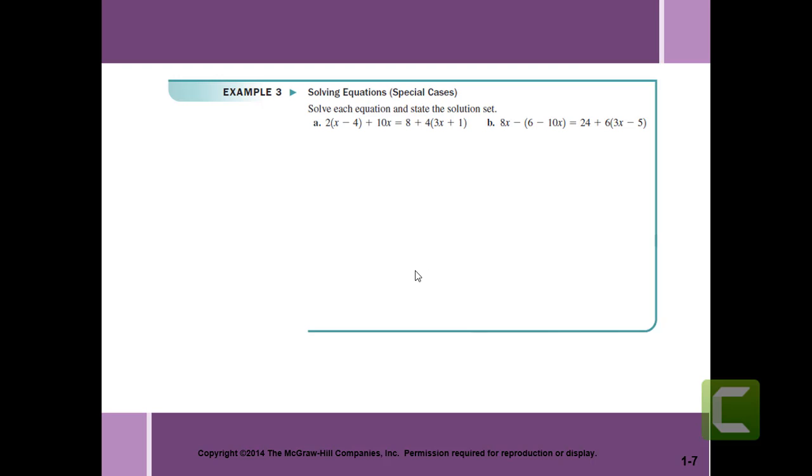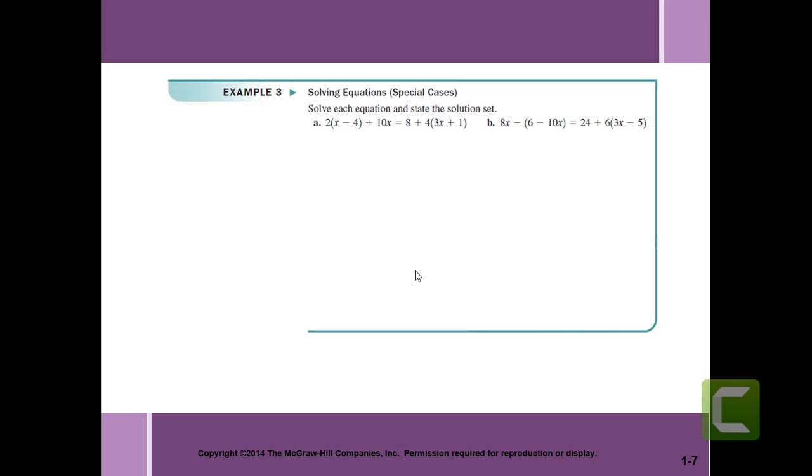Okay, now here's a couple more. So these are special cases. And in this case, the reason why they're special is because unlike the last two examples, these are going to have maybe more than one solution.